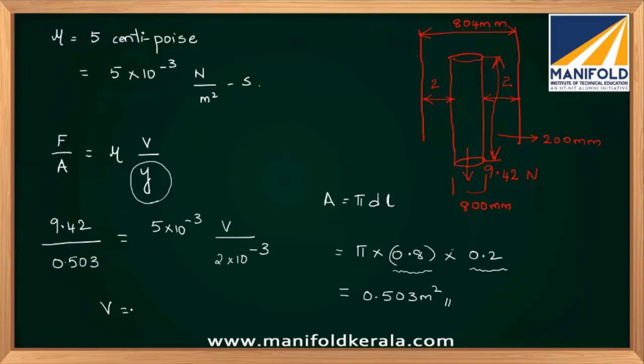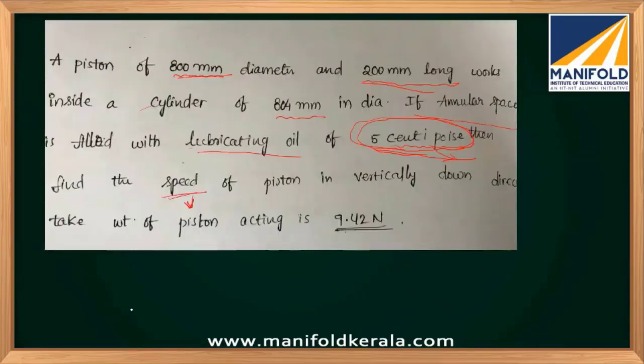All the other students in the class, are you people okay with this sum? Again I am repeating the sum. There is a piston of 800 mm diameter. Its length is 200 mm. The piston works inside a cylinder of 804 mm diameter.